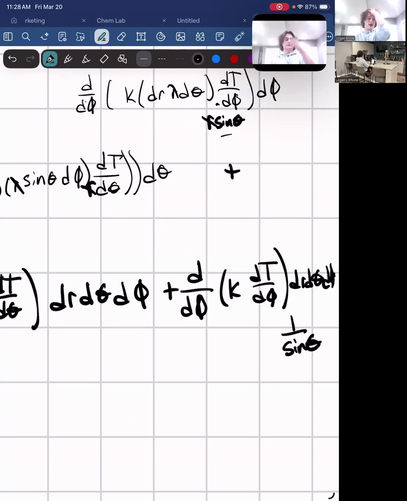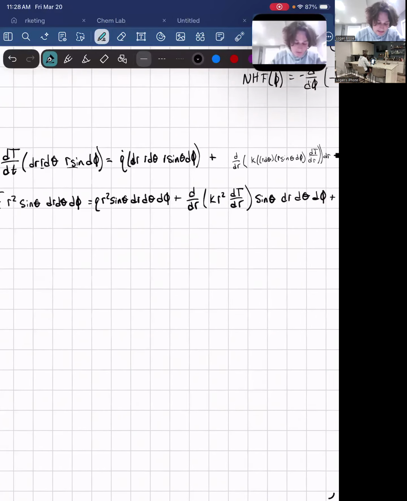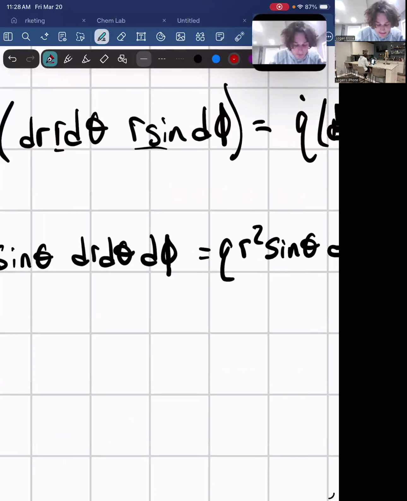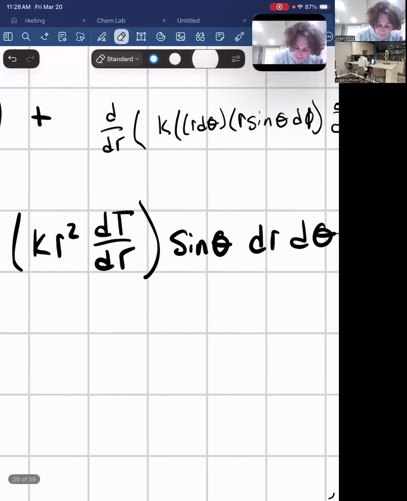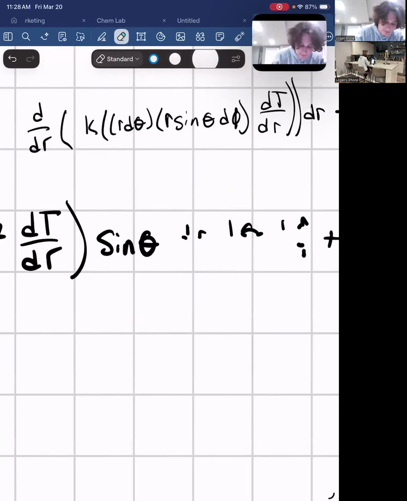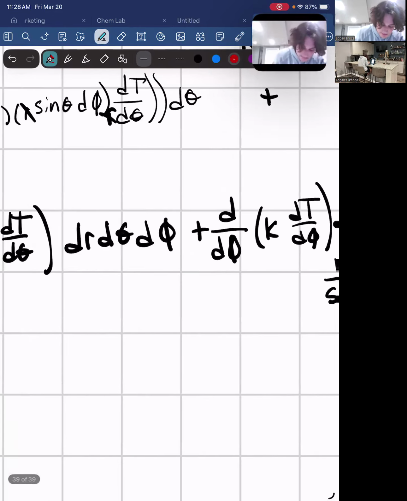And so that has to stay out. Okay, and so when we write it like this, we can see that each term, we can cancel out our dr d theta d phi, which is nice because that'll save us a little room when we are writing everything. So these all get canceled out.